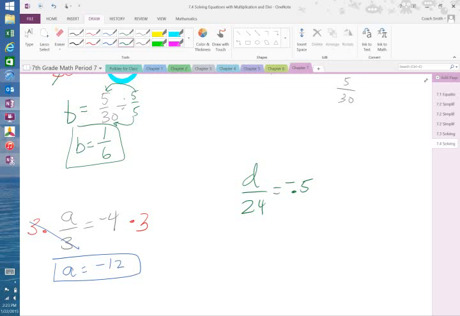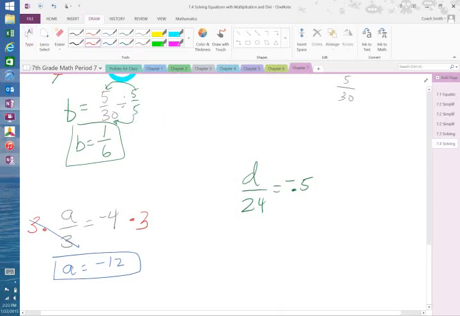So if I solved that one by multiplying by 3, because I was dividing by 3, I solve this one the same way, except now I'm dividing by 24. And so to solve this one, we simply multiply by 24 to both sides.